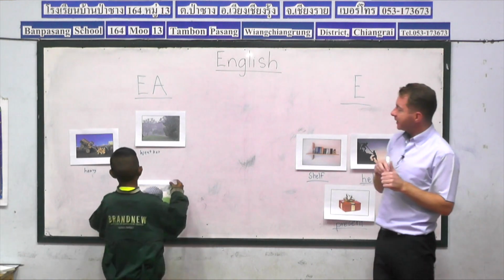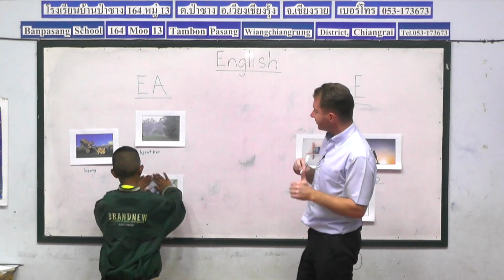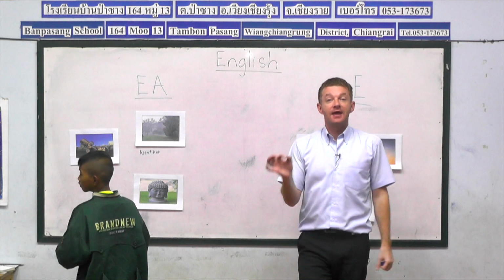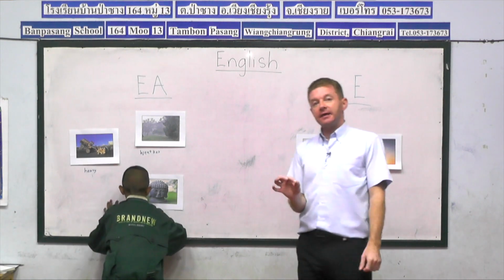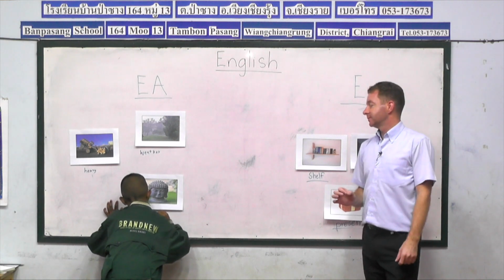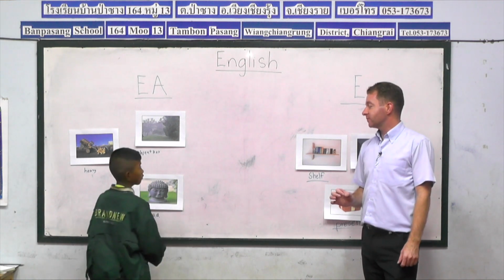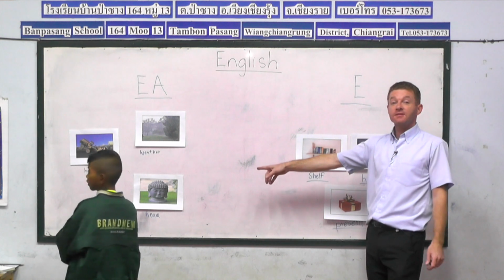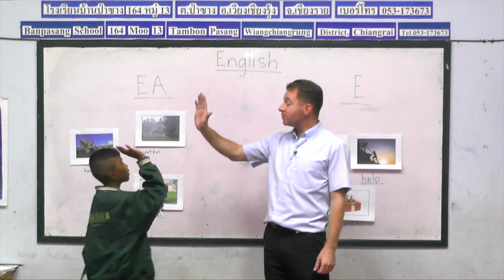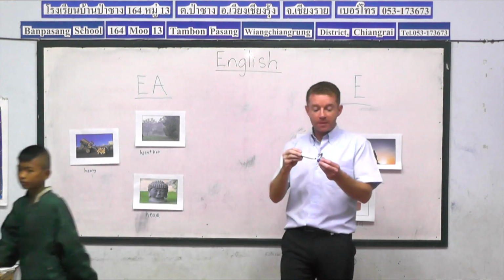So Pat, you can place it on the correct part of the board and we can help Pat to spell head. H-E-A-D. Brilliant. So all together, guys, head, E-A spelling. Pat, very well done. Big round of applause for Pat, please, guys.